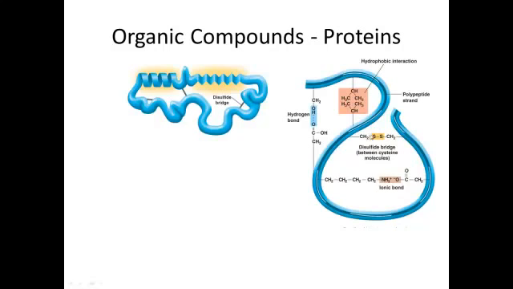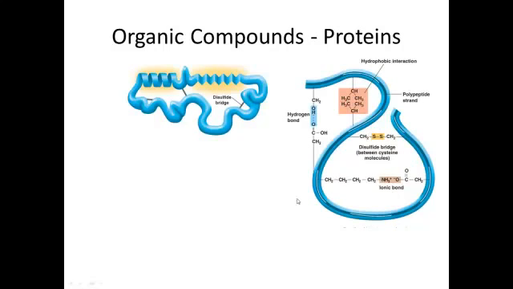Then here we have a sulfhydryl group here. We've removed the hydrogens and formed a covalent bond between these two portions of the protein, further stabilizing it. So those are the four interactions that can hold together the tertiary structure: hydrogen bonding, hydrophobic interactions, disulfide bridges, and ionic bonding.